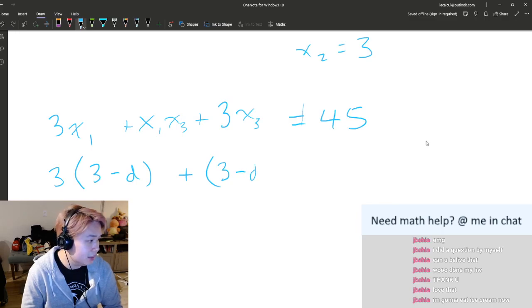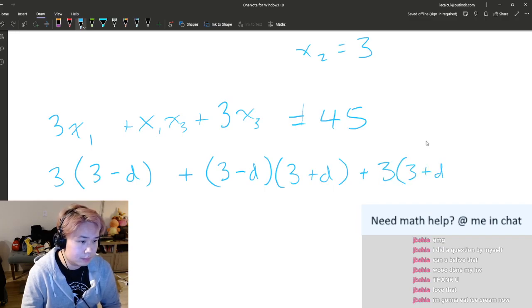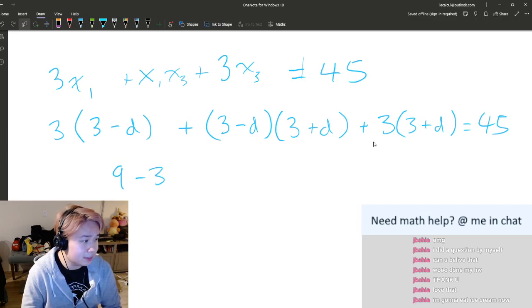This is 3 minus d. x3 is 3 plus d. So then you end up here. So we have 9 minus 3d plus 9 minus d squared plus 9 plus 3d, and then this is equal to 45.